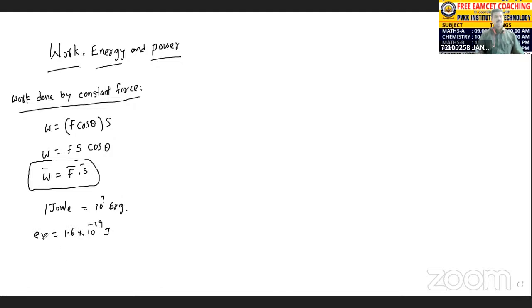Next, 1 kilowatt hour is equal to 3.6 into 10 to the power of 6 joules.